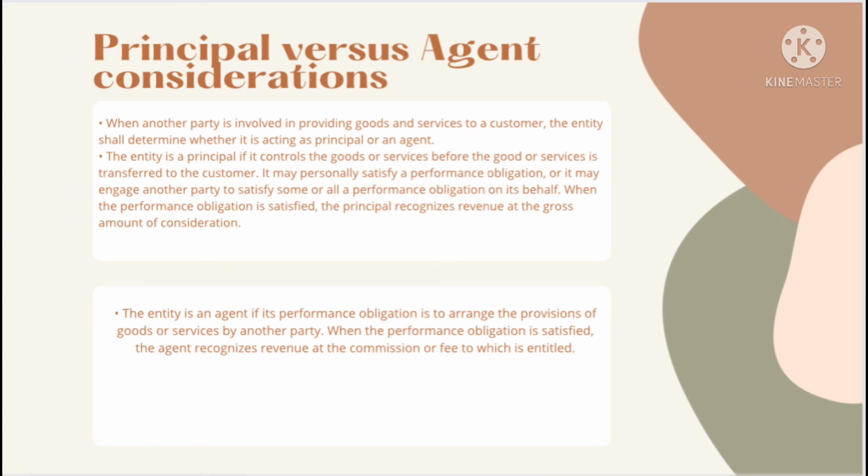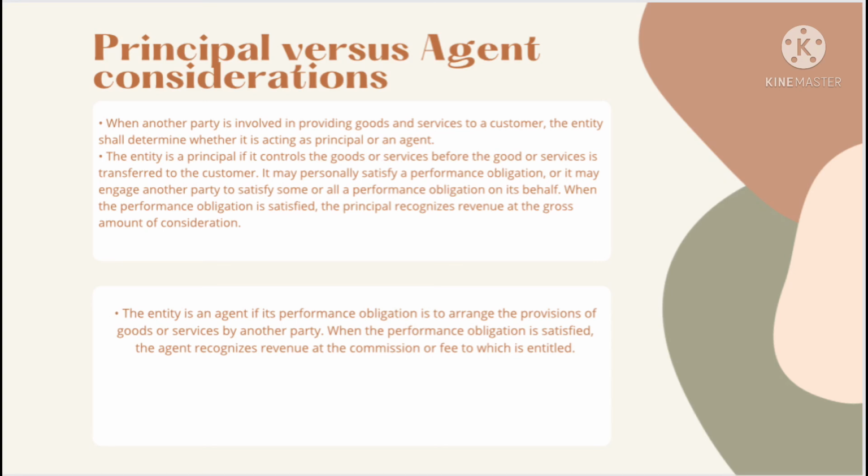Kapag agent naman, siya yung nagbebenta. Hindi ikaw yung may-ari ng binebenta mo, pero makakakuha ka ng commission doon. So, the following are indication that an entity is an agent and therefore does not control the good or service before it is provided to a customer. Letter A, another party is primarily responsible for fulfilling the contract.